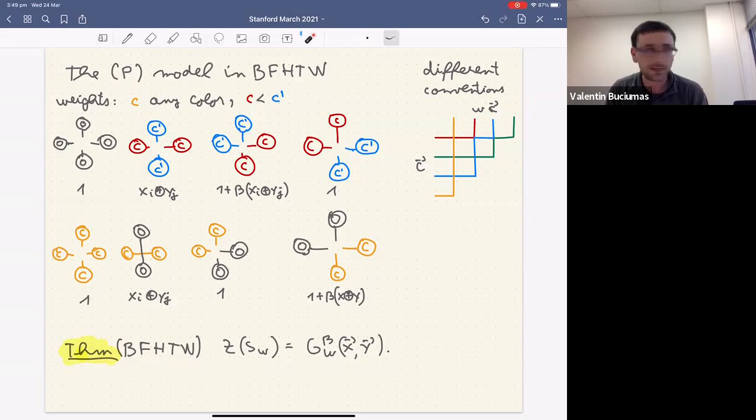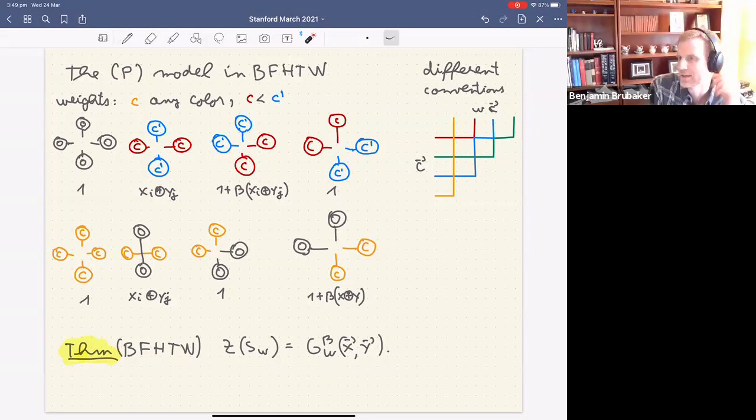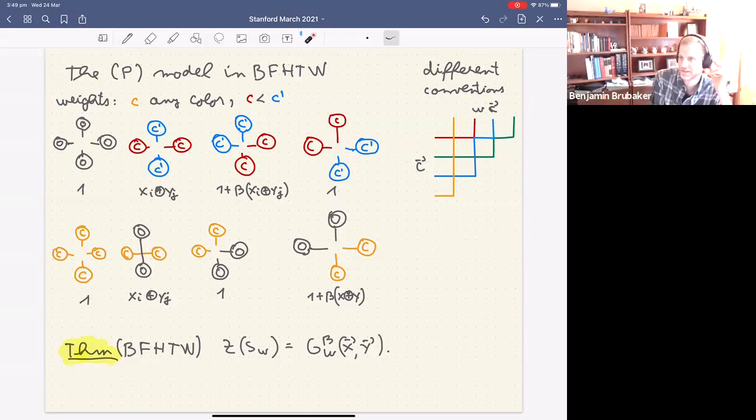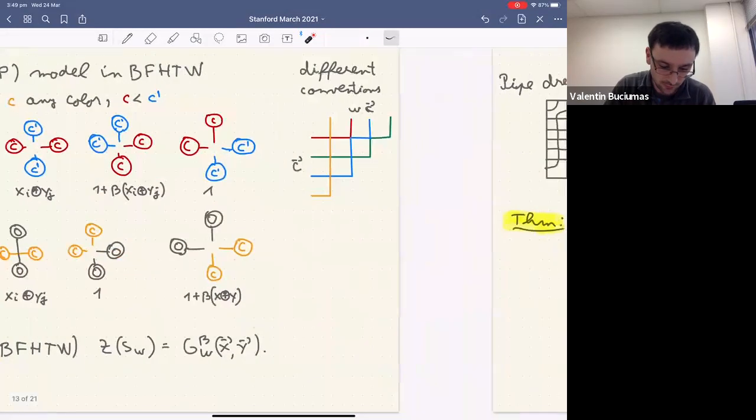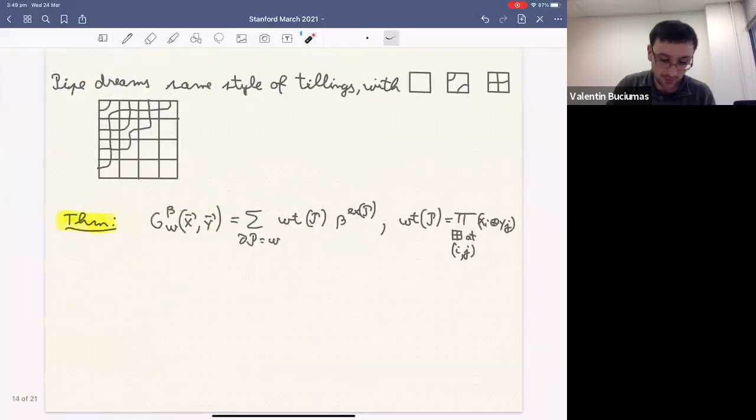I'm not entirely sure if the P model is integrable, so maybe that's a question. Is the P model? Yeah, I think they're all integrable. It's just a question of which way you simplify the pipe dreams. Okay. Anyway.